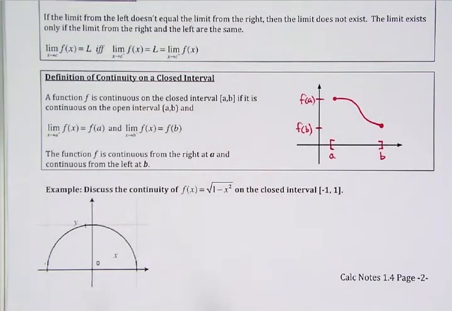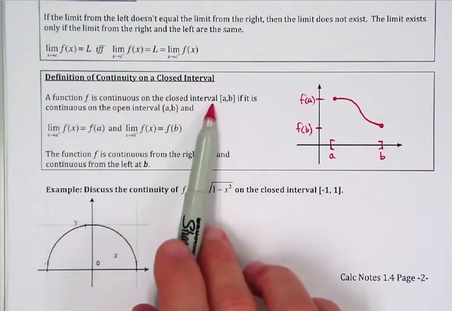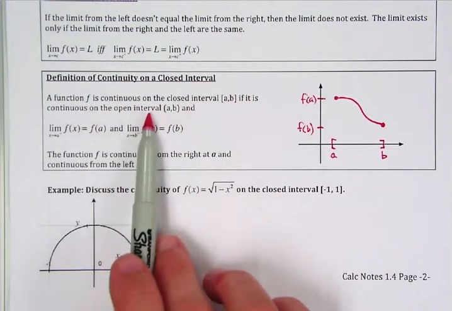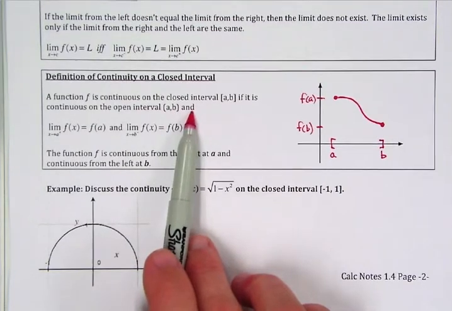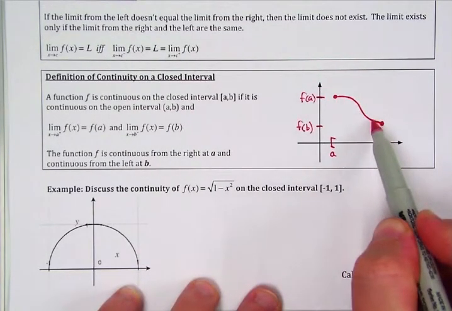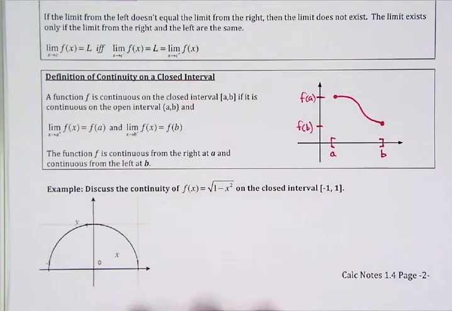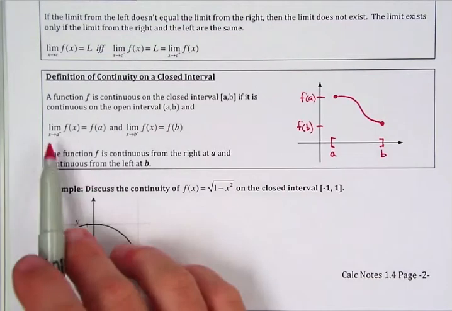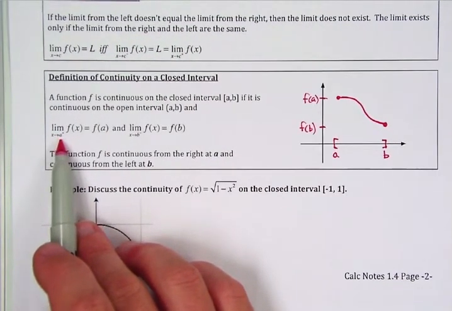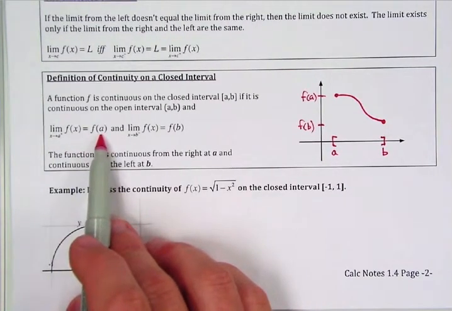So here's what it says. A function f, right here, is continuous on the closed interval ab if it is continuous on the open interval ab, so meaning all this inside stuff is continuous, which we figured out how to do on the previous page, and the limit as x approaches a from the right side equals f of a.